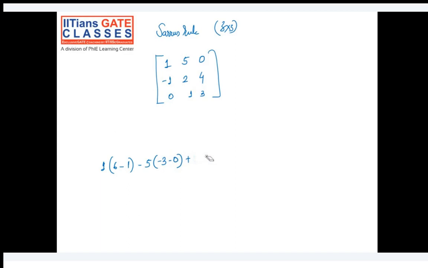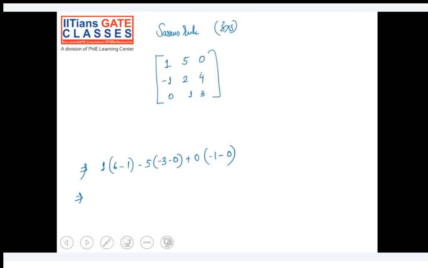So if you solve it, 6 minus 4 is 2, plus 15 plus 0, it is 17. You will write it like this. This is our traditional method, our normal method.